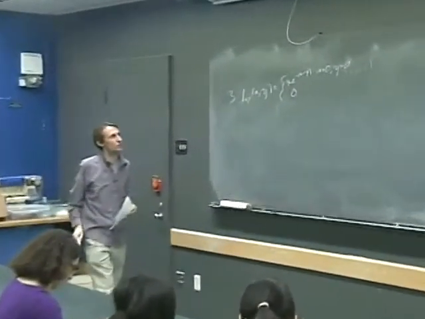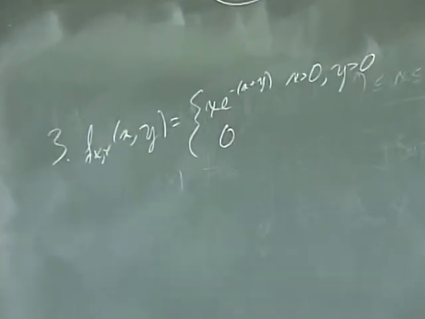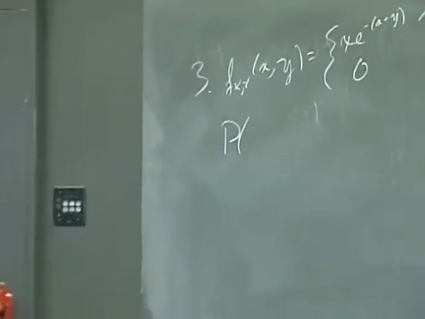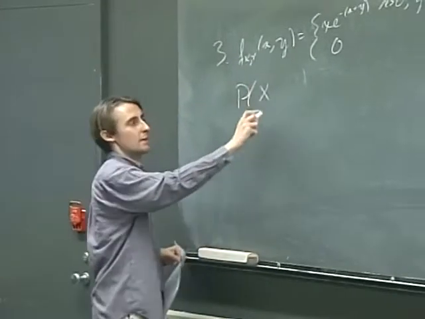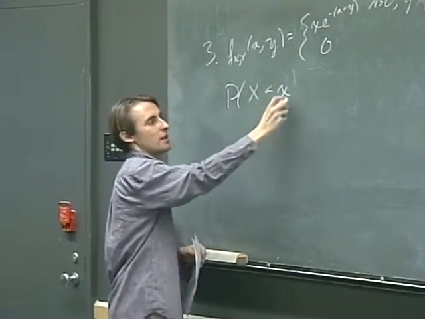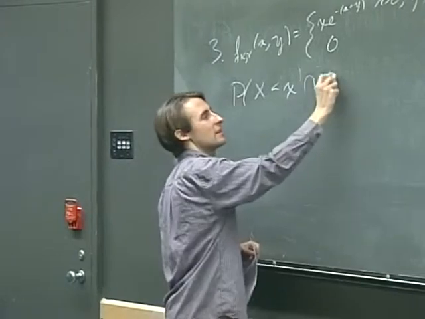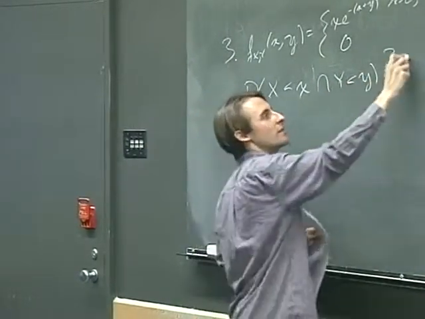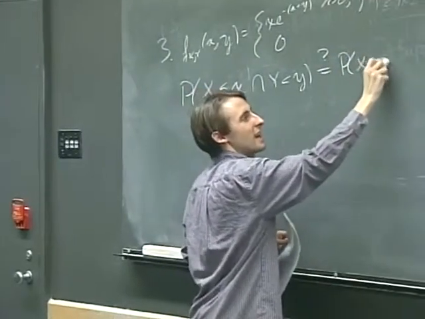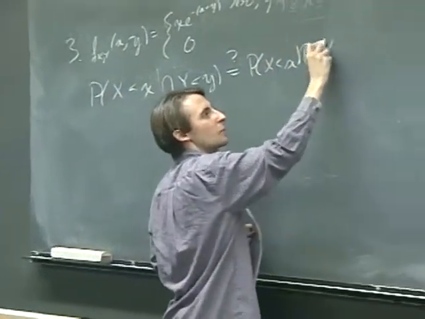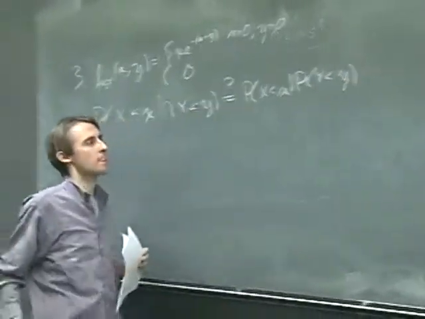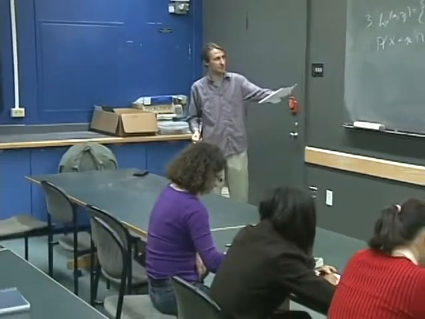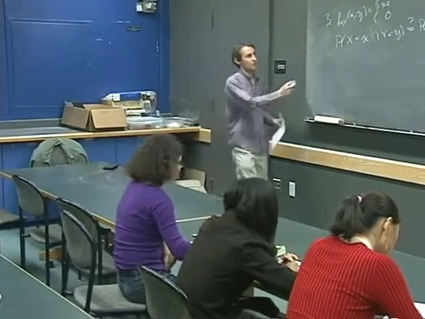Okay, so first we need to check independence. Now if we wanted to be really formal about it, we'd have to say, to get independence of two continuous variables, we'd have to look at whether the probability that X is less than x and Y is less than y is equal to the probability that X is less than x times the probability that Y is less than y. That would be the formal way to do it, and we'll see one where we have to do that. But in this case, there's another condition that's equivalent.